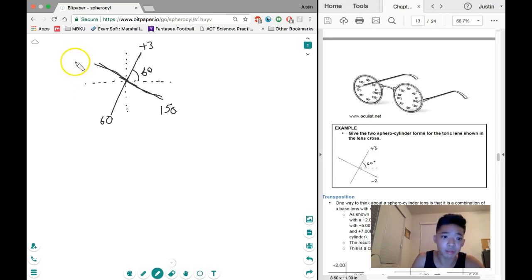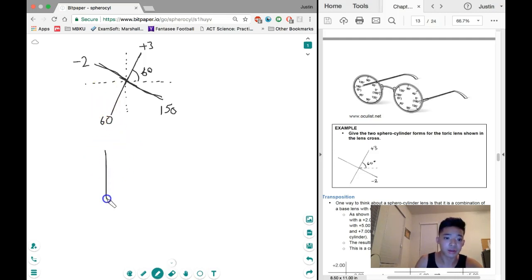And the power, I'm drawing a little differently from the diagram. The power is -2. I like to have the axis labeled on one side of it and the power on the other. Alright, so how can I break this apart into the two spherocylinder forms for the toric lens?